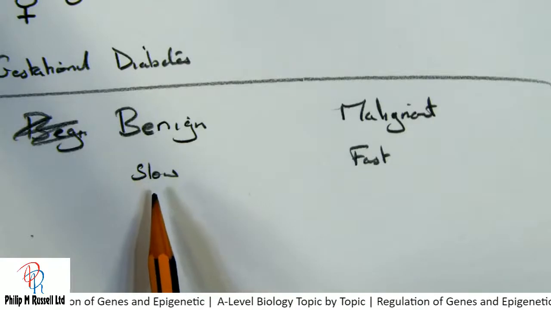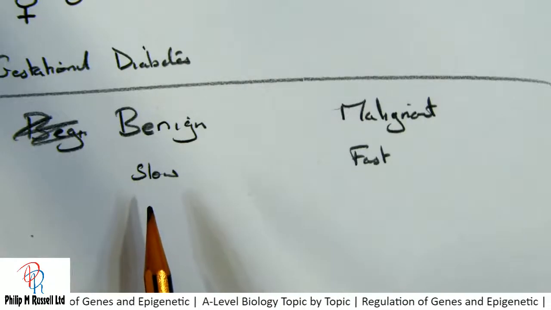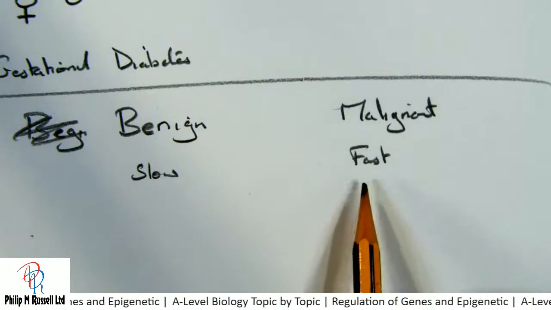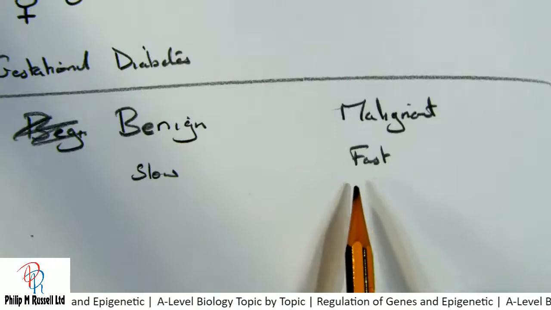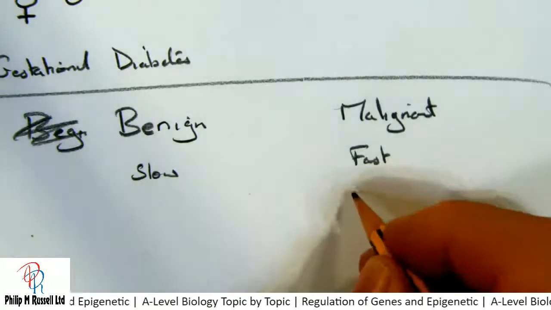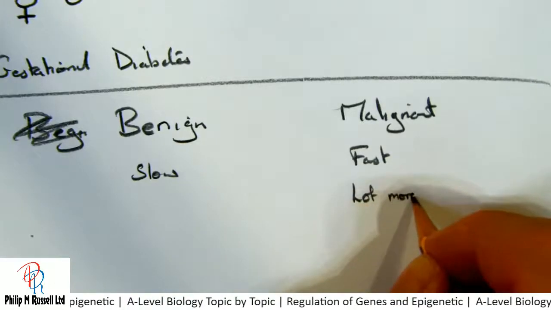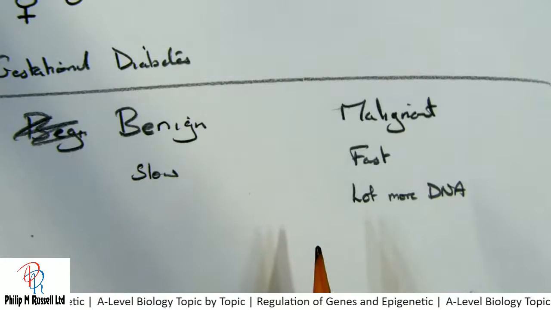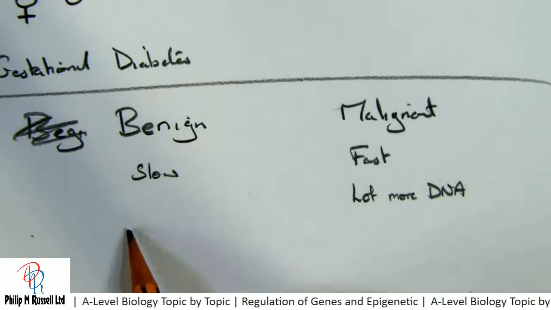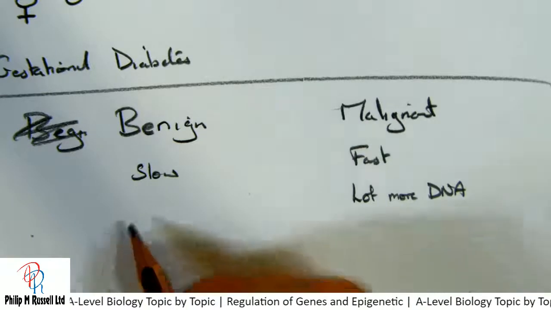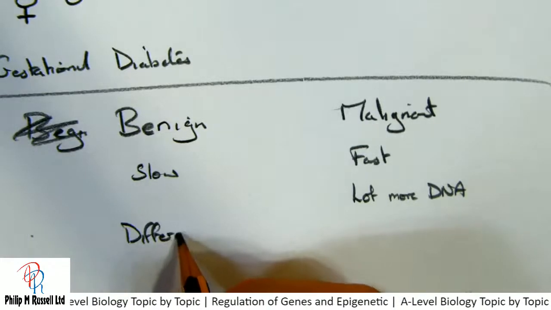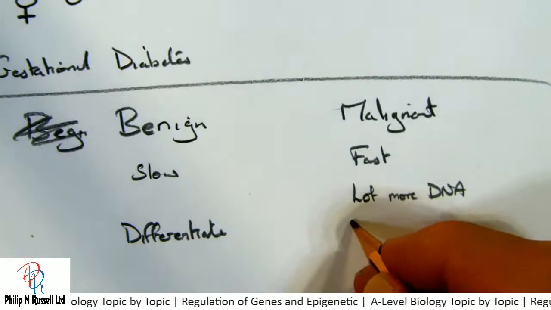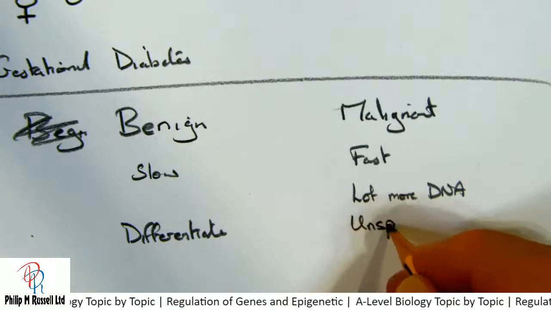The cell nucleus here in benign cells tends to look relatively normal, whereas in malignant cells they tend to look a bit different, and there's usually a lot more DNA present that's visible, that's active. In benign tumours the cells often differentiate, and in malignant tumours they are typically unspecialised.